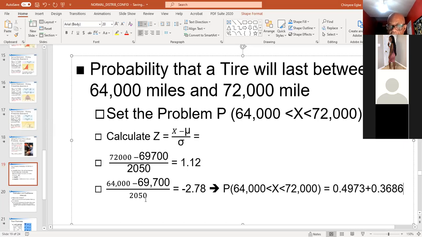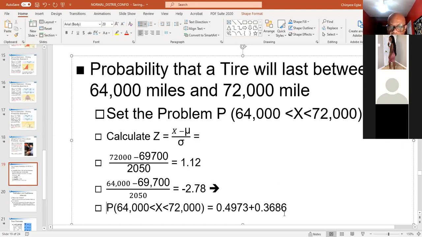Okay. And what is that? Somebody do the math. You get 0.8659, which is 86.59%.